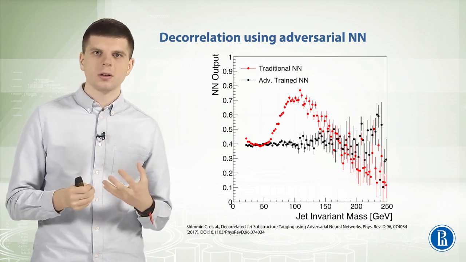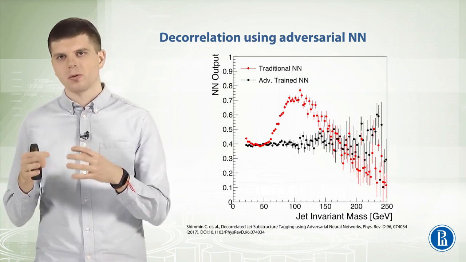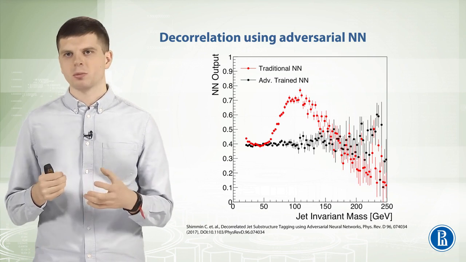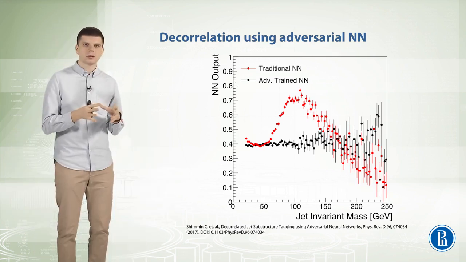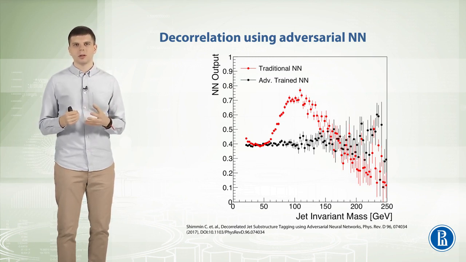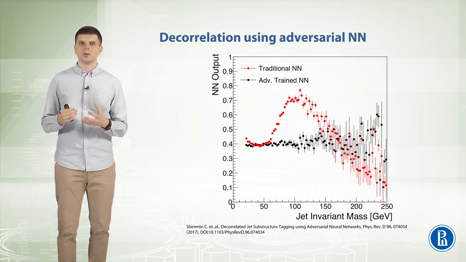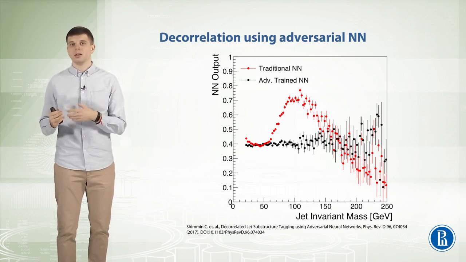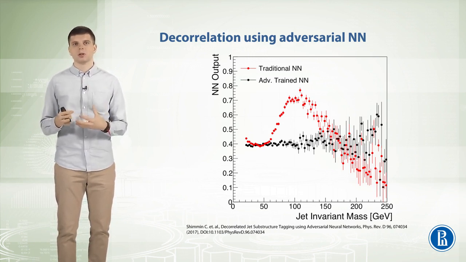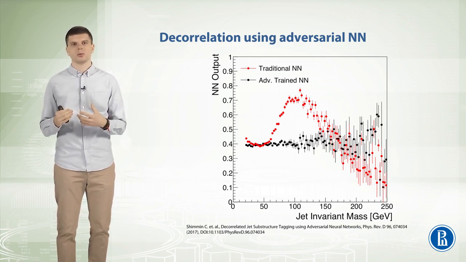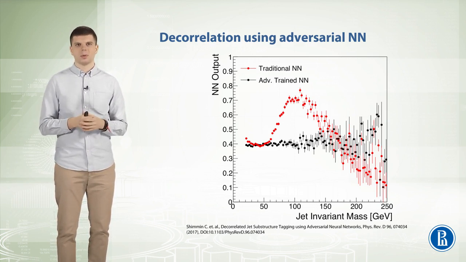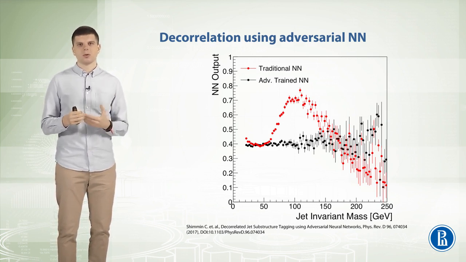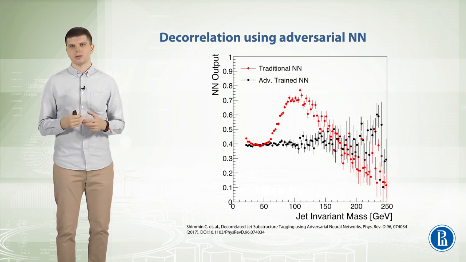The decorrelated network shows a much flatter dependency of its output on the jet invariant mass. These two methods of uniform classifiers were developed for high-energy physics. However, these approaches can be used in other fields where dependency of a classifier output on a set of features is undesirable. That was the last example of flat or uniform classifiers.